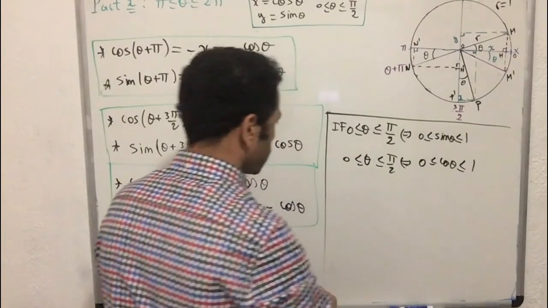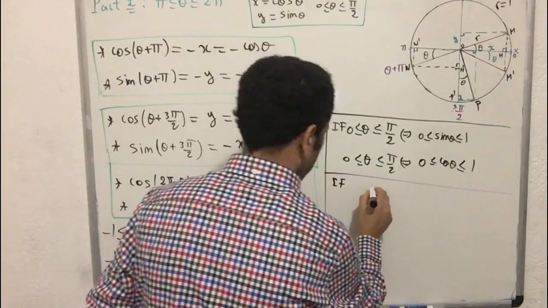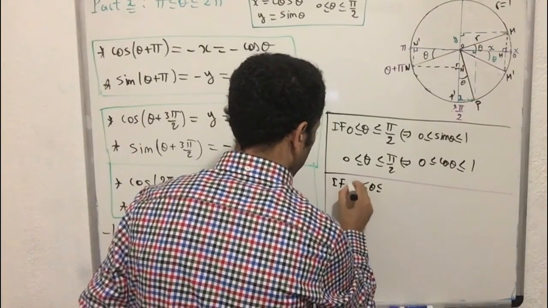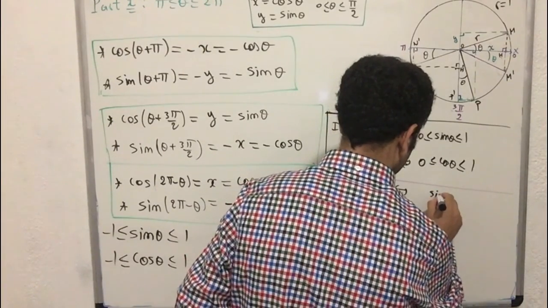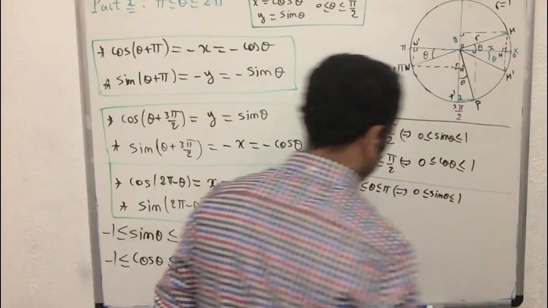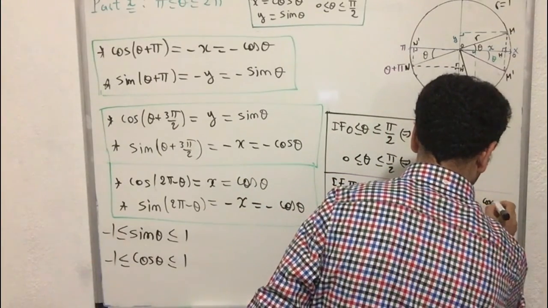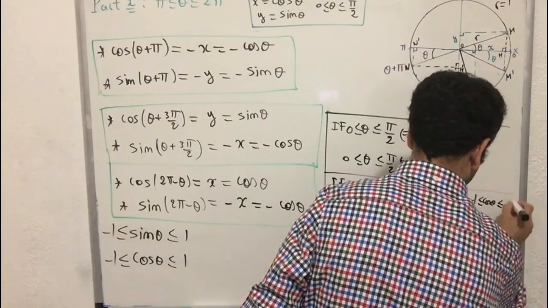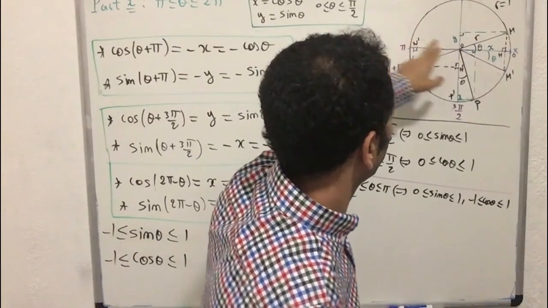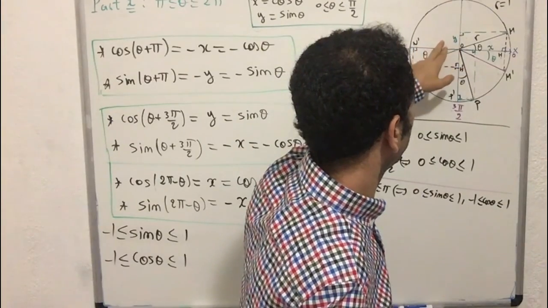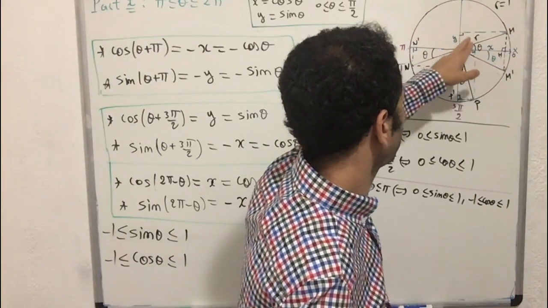This is the first thing. Second thing, if theta is between pi over 2 and pi, sine theta is always between 0 and 1, and cosine theta is negative, between minus 1 and 0. As a result, when the angle is between 0 and pi, we found all sine values are positive.